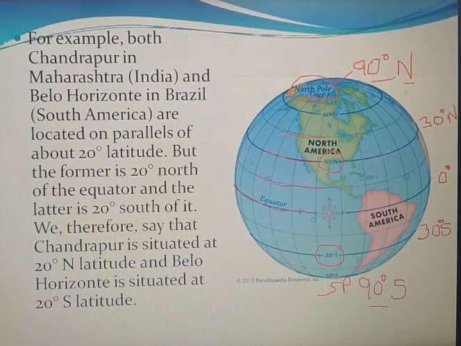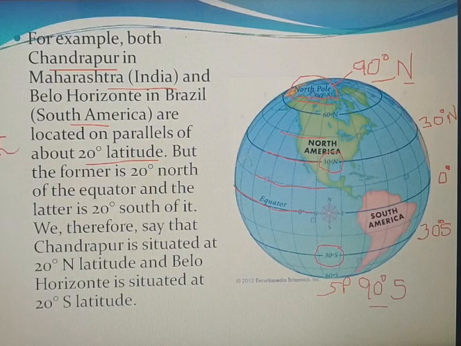For example, both Chandrapur in Maharashtra, that is in India, and Belo Horizonte in Brazil, that is in South America, are located on the parallel of 20 degree latitude. Both are located at 20 degree.